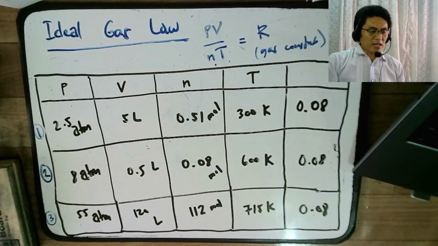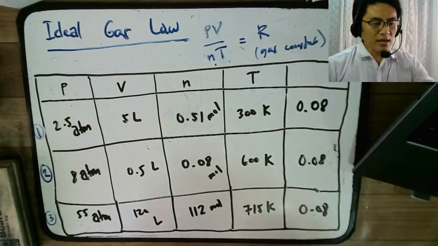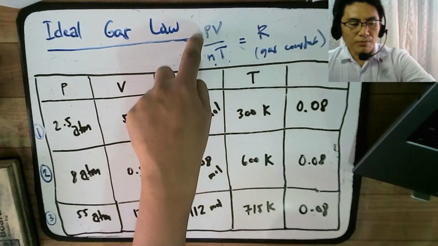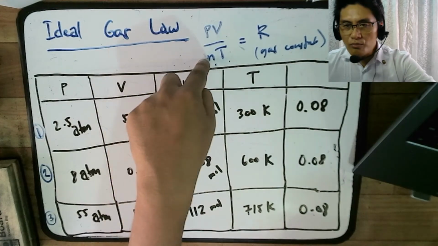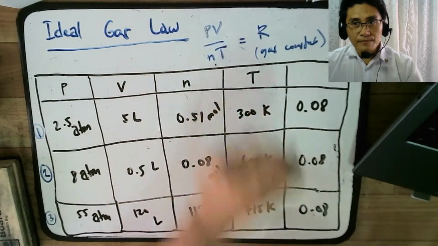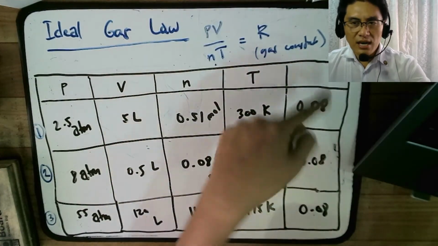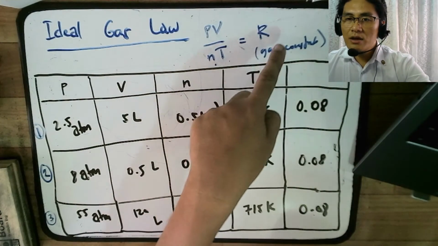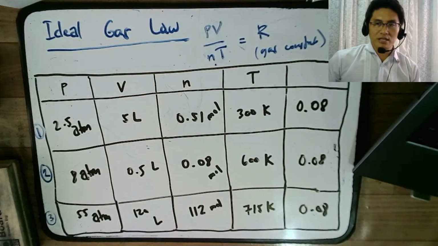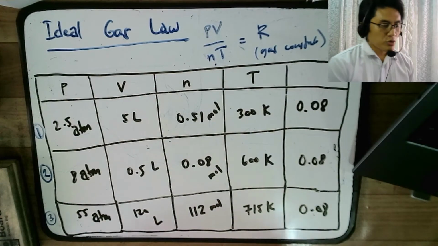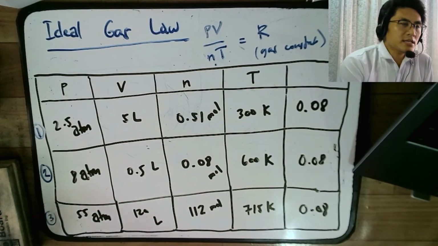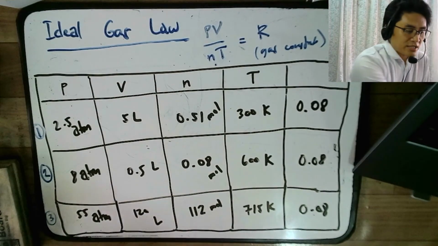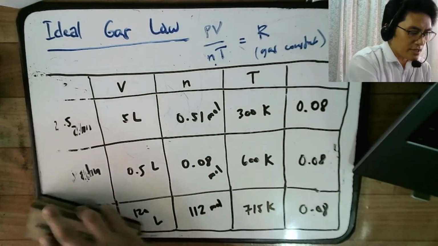So the ideal gas law states that if you take the pressure, multiply it with its volume, divide it with the product of the number of particles and the temperature of the gas, you will end up with the same number, and that number is R, or the gas constant. And this is a true constant. A true constant means it doesn't change.